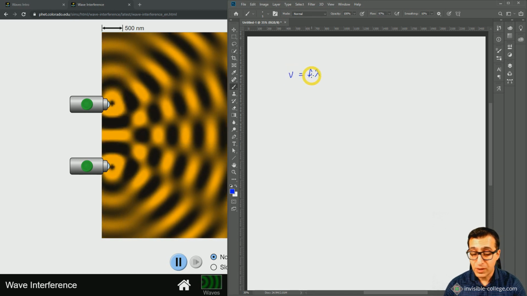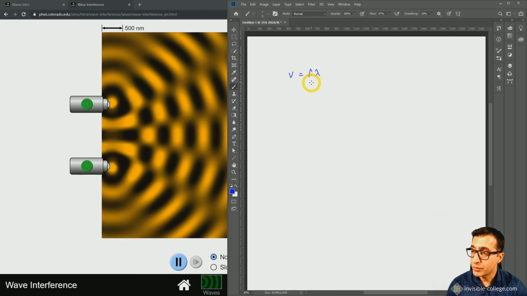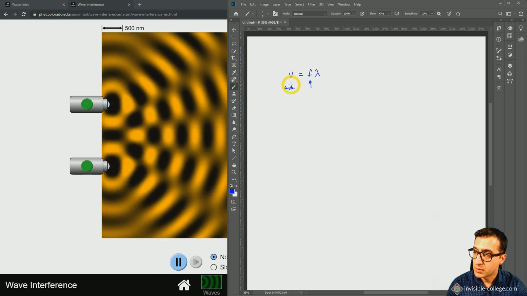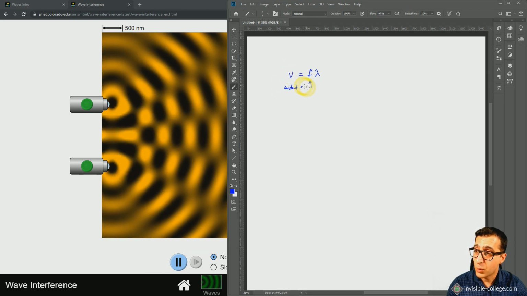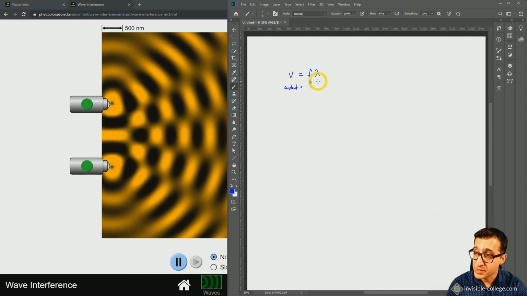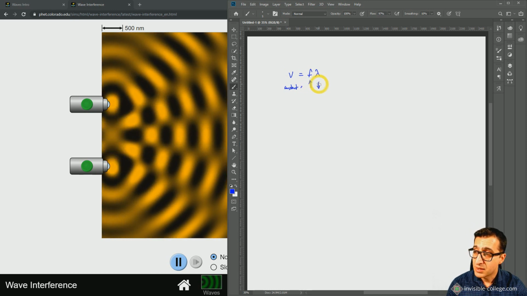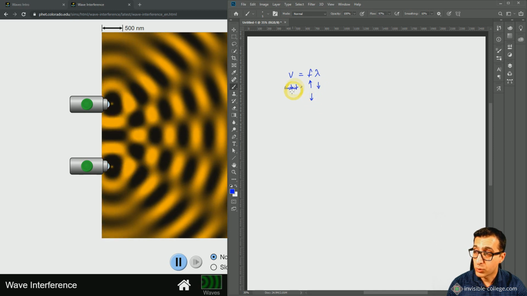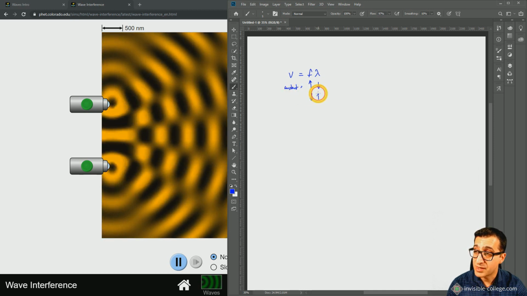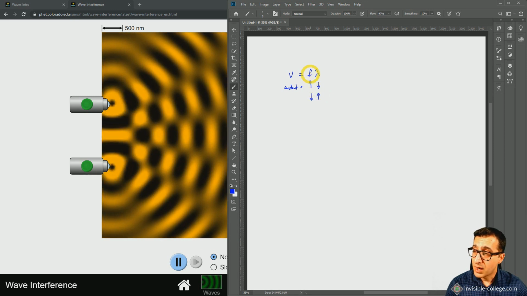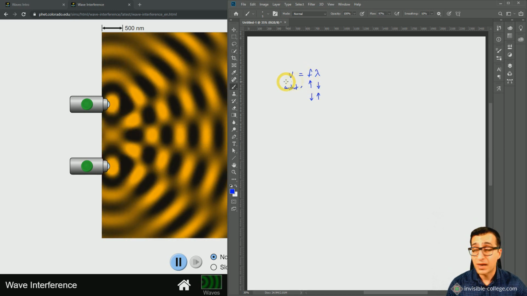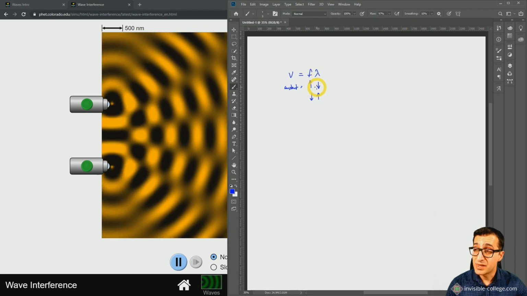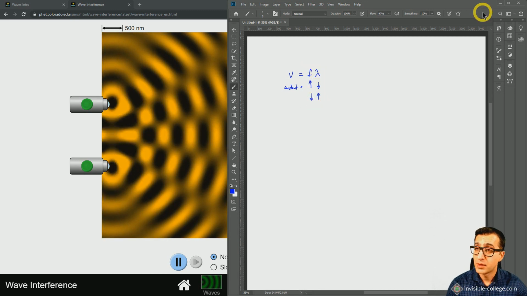But if we increase the frequency, then in order to keep this side of the equation constant, by increasing the frequency, you have to decrease the wavelength. And similarly, if you decrease the frequency in order to keep the speed constant, you have to increase the wavelength. So, as you increase the frequency of a wave, assuming that the speed of the wave is not changed, you must decrease the wavelength and vice versa.